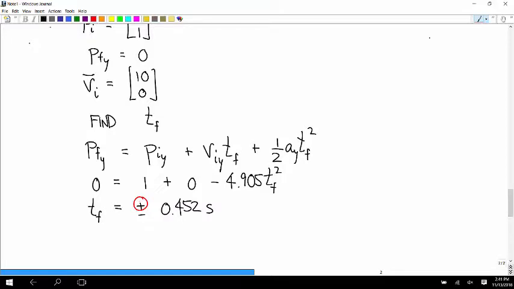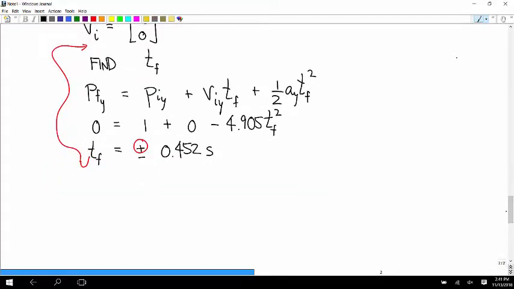And now that we know TF, we can include that in our list of variables that we know. And now we do have an equation that works for finding what we want, PFX. So PFX is equal to PIX plus VIX TF plus 1/2 AX, blah, blah, blah.